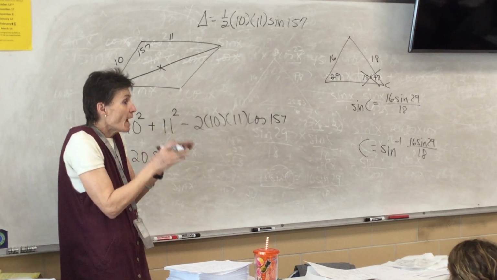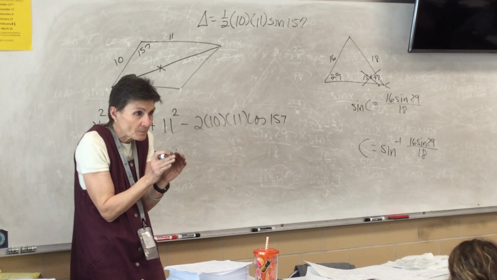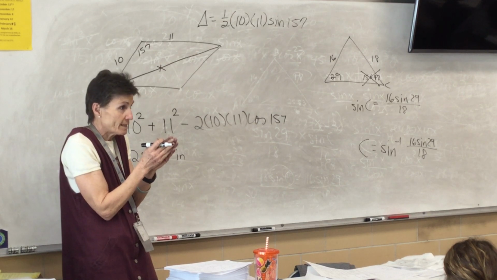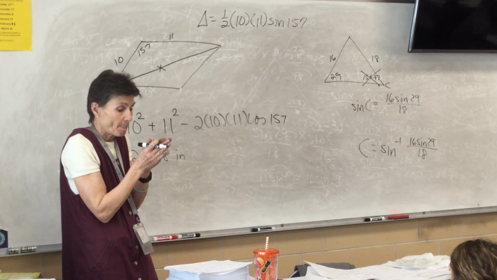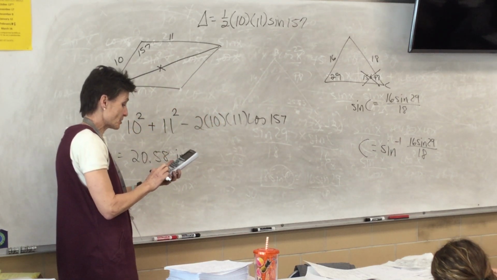The only time we use cosine is in the law of cosines. So don't ever use cosine for anything else on this test. Just the law of cosines. Now, I'm going to type that in. Is that going to be the answer to the question?